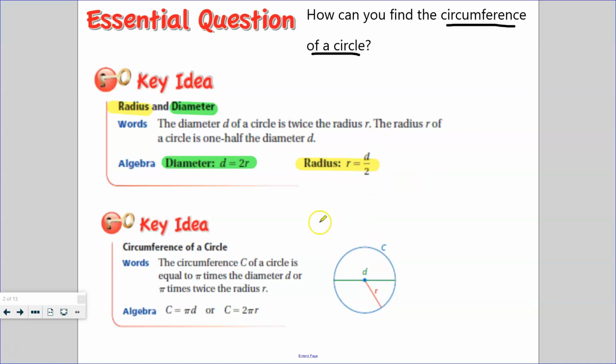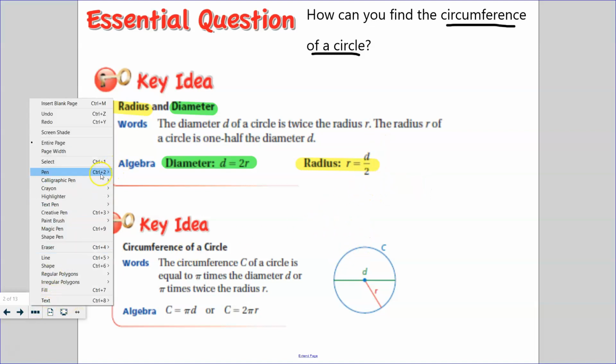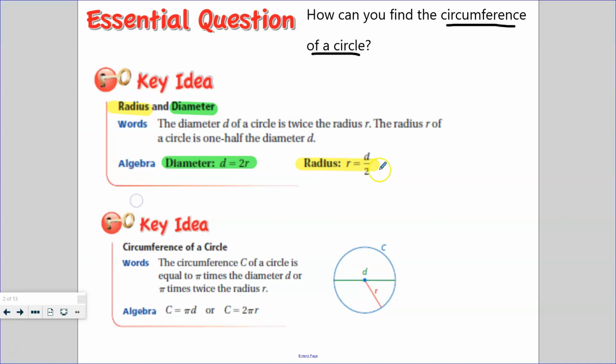And so if you look down here at this picture, you would see that the radius, right, is half the diameter, right? So there's 2, right? It's just 2 radius equal the diameter, right?